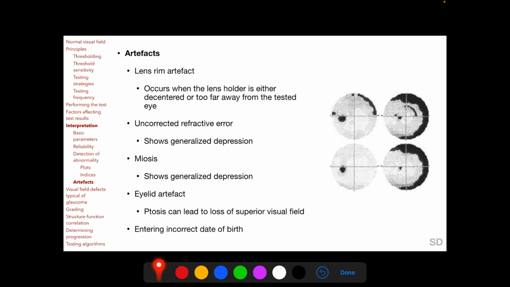Uncorrected refractive error or miosis can show generalized depression, and eyelid artifact can arise from ptosis, which can lead to loss of superior visual field. Entering an incorrect date of birth is also an artifact because that interferes with appropriate statistical analysis.